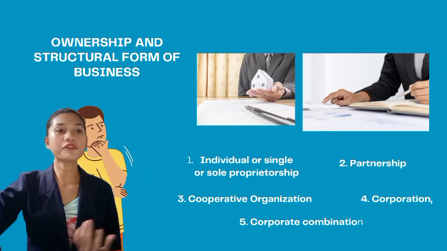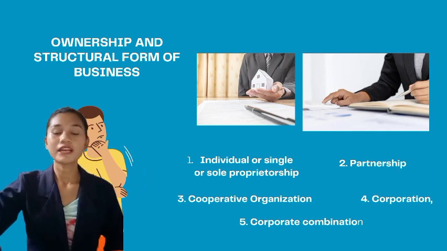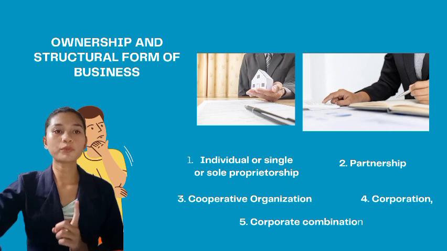It also has ownership and structural forms of business. So first, we have here the individual or single or sole proprietorship, and the second is partnership, sa akong giingon ganina nga di ka makabuot sa property without the consent sa imong partner.